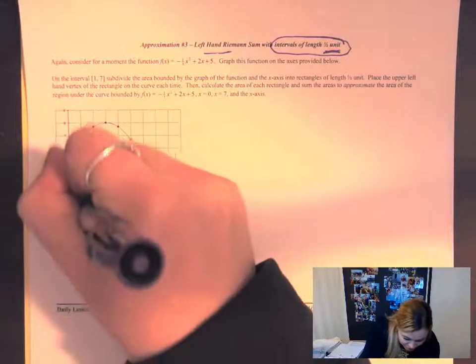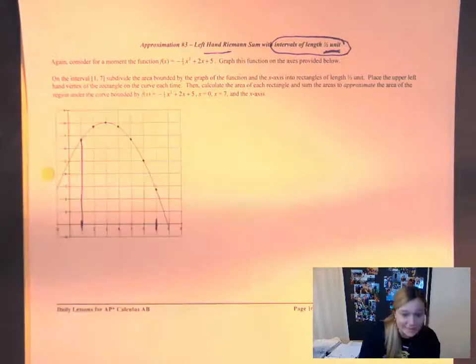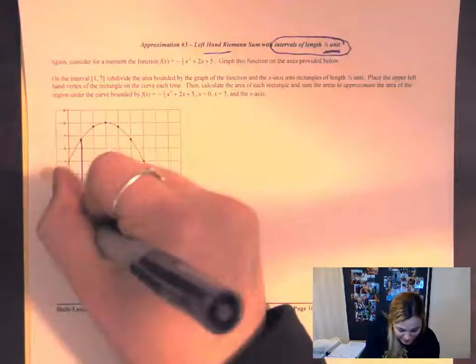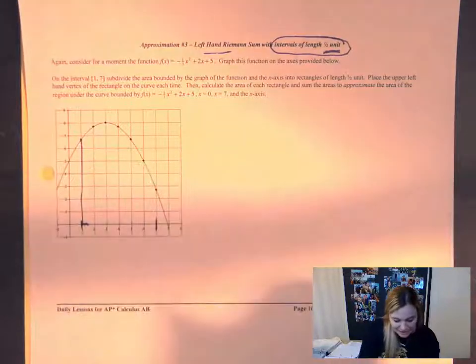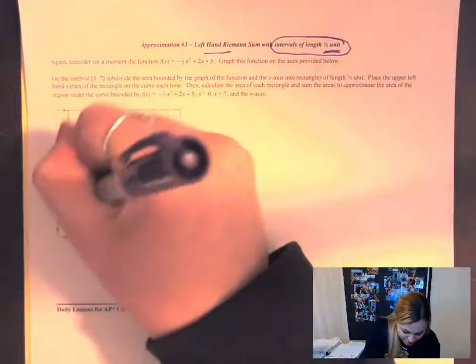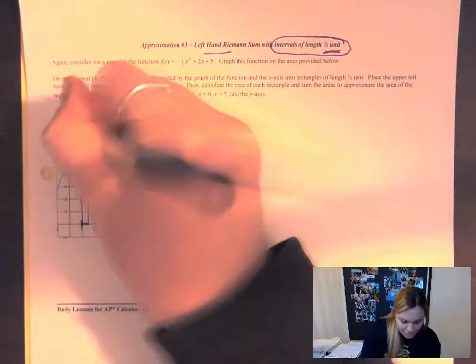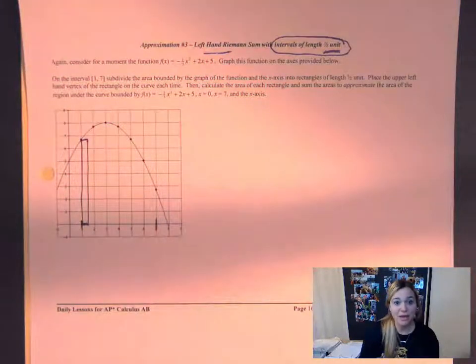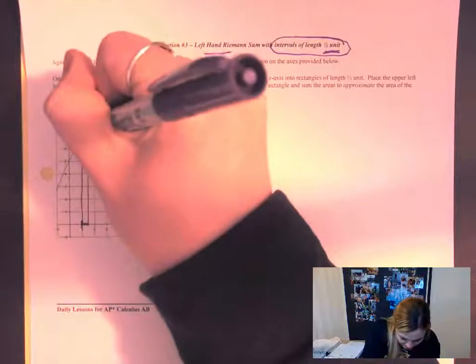But here, you're still doing the left. So I'm still going as high as the left. The only thing that's changing, if this is an interval of a half, I'm making more rectangles. You try it. I'm going to use all the same colors this time.